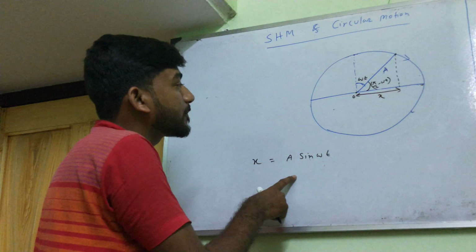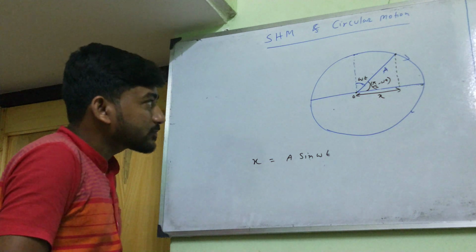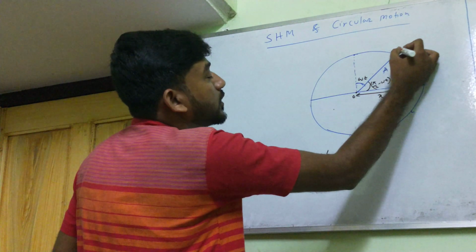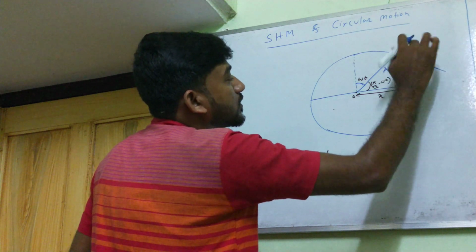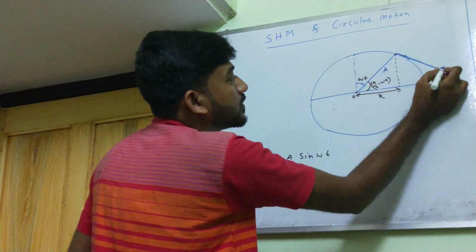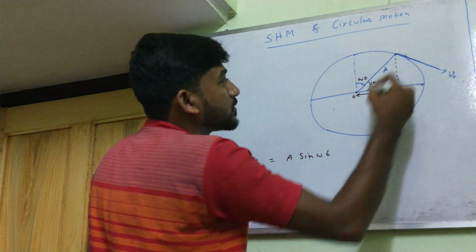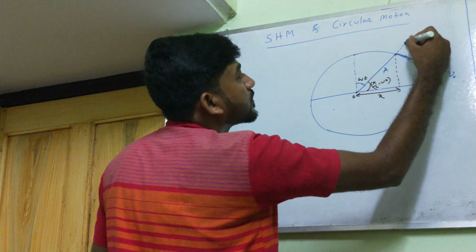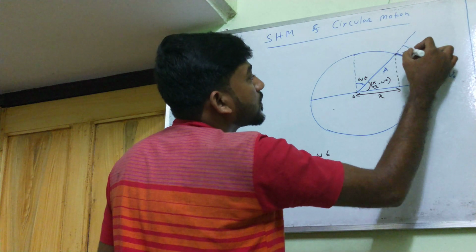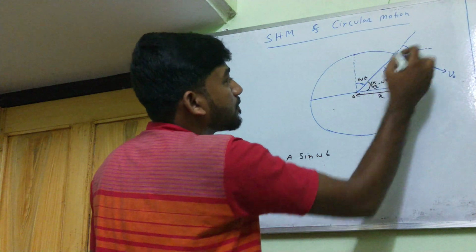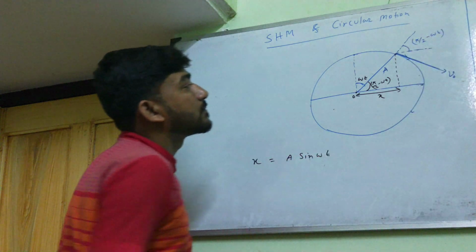Similarly, if we want to derive the velocity of this particle, then at that point the velocity will be along the tangent like this. At this point the velocity will be v0, and this angle will actually be pi by 2 minus omega t.